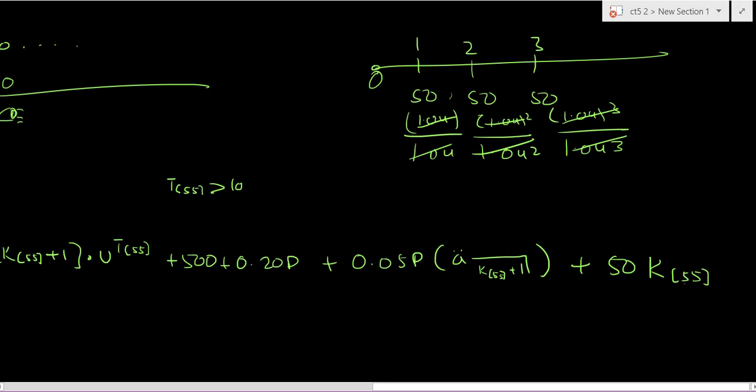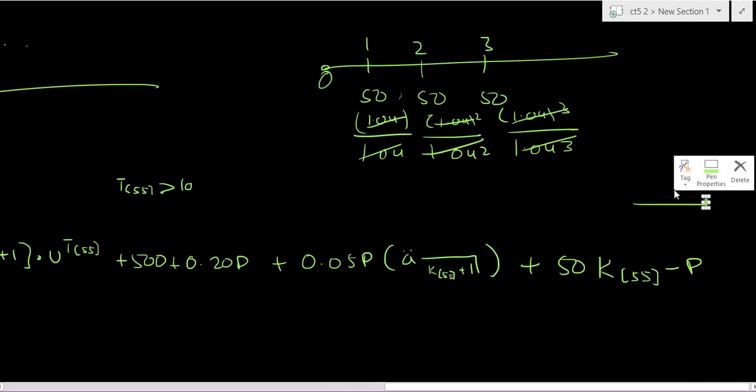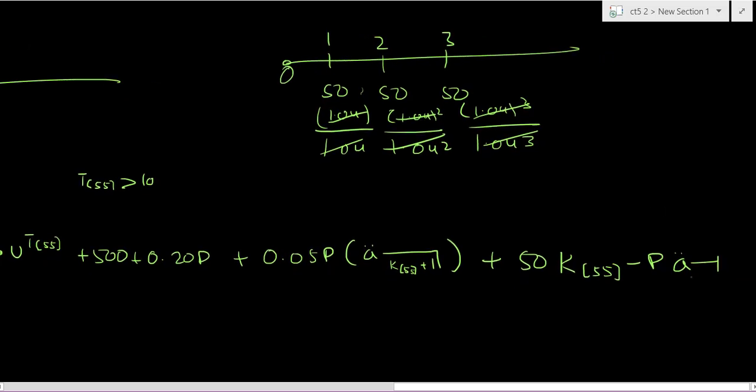All right. And the premium is the last thing, so you need to deduct the premium here, that is minus P. Okay, so this is deducted, there's a minus P, and then it is multiplied with the factor for premium, so that would be A due K55 plus 1.